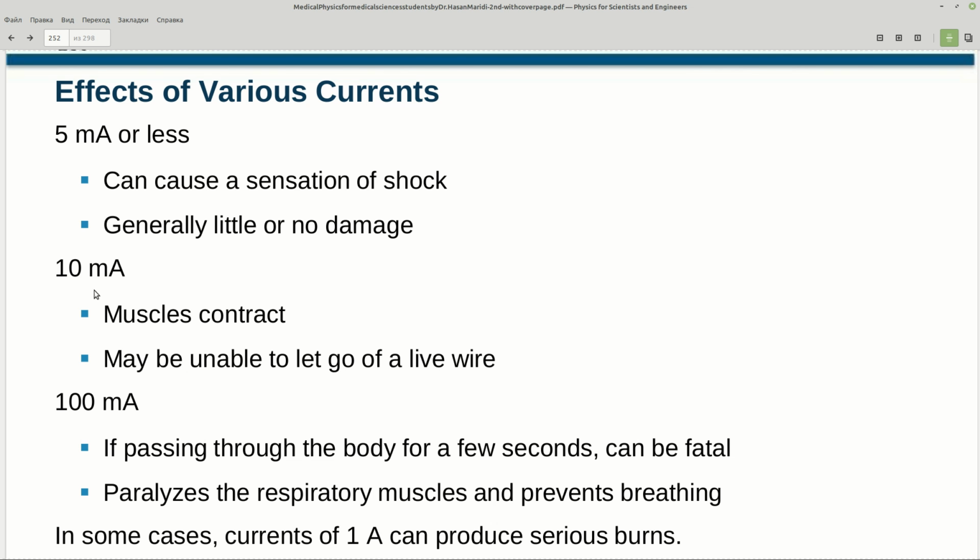It depends on the area of the skin which is burned. More than 50% of the body, it could be fatal.